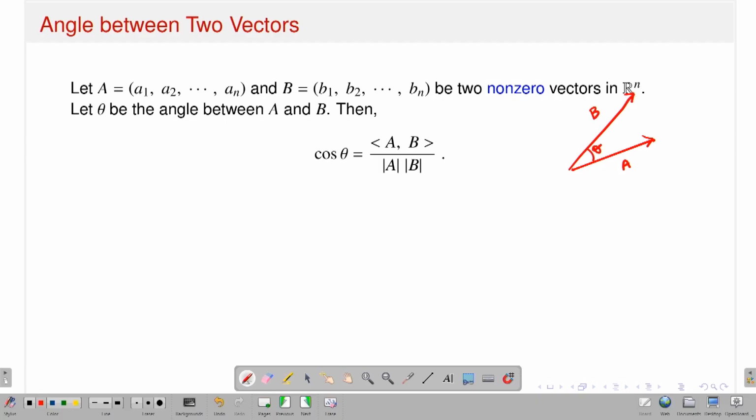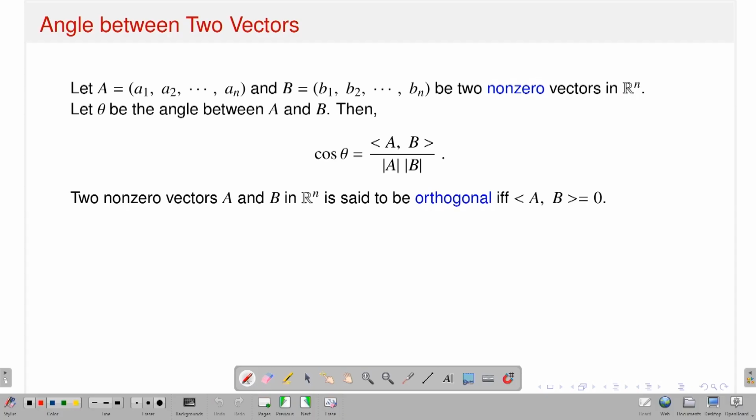Then theta satisfies cos theta equal to the dot product of A and B divided by modulus A into modulus B.